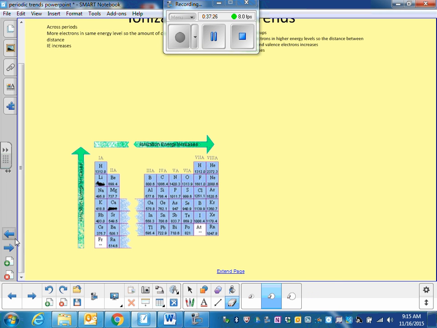Lithium requires more energy. That is correct. Iodine or bromine, which requires more energy? Bromine requires more energy. That is correct.